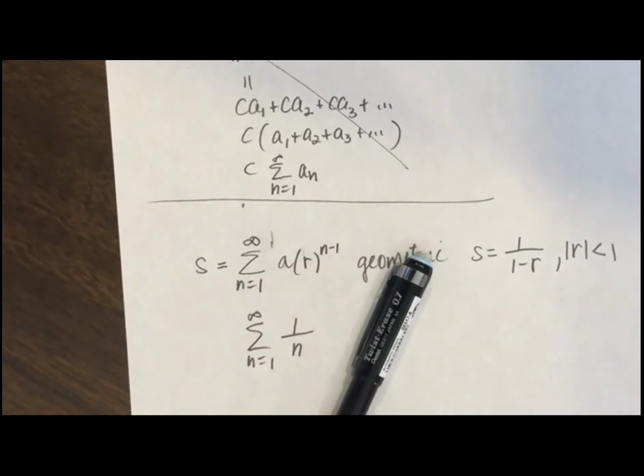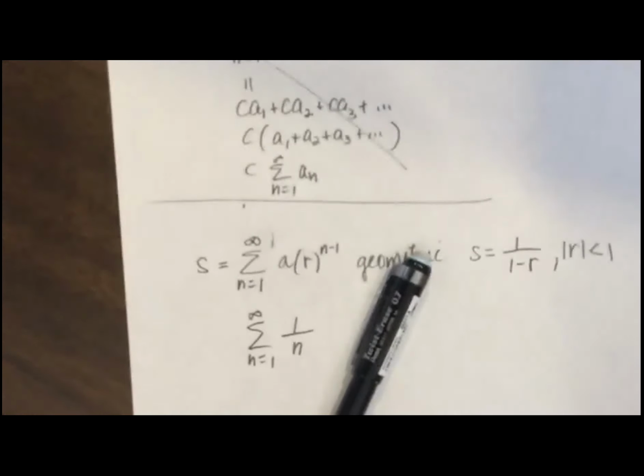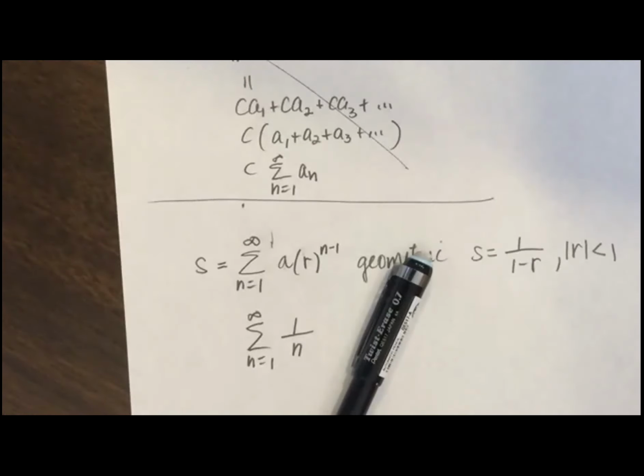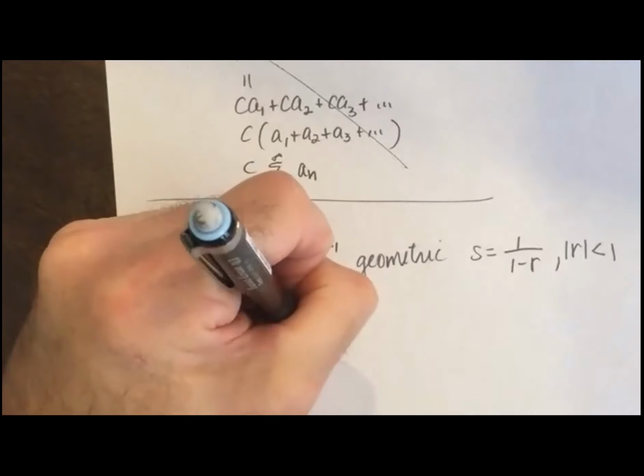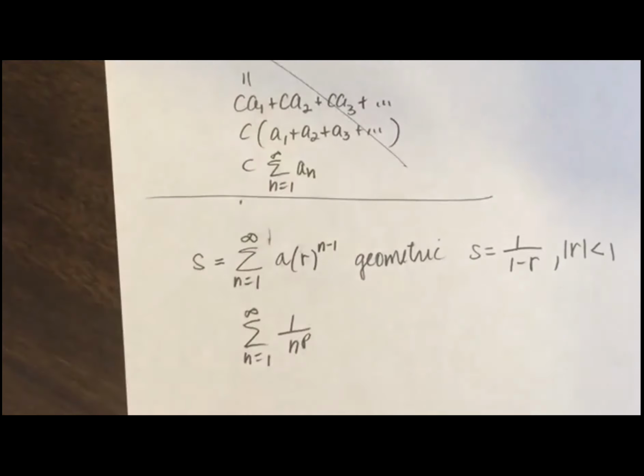Maybe I'm just jumping the gun a little bit too much here. Okay, maybe I'll just write it like this. I'm going to write n to the p, where p is a number.